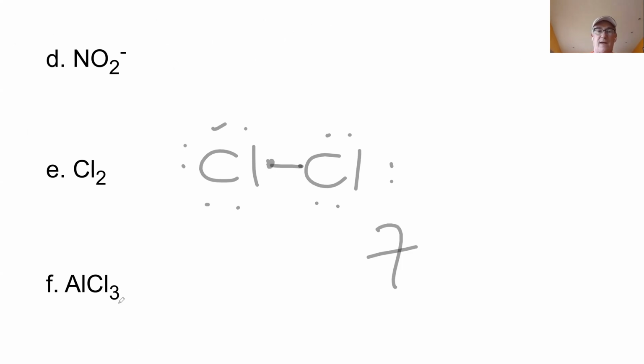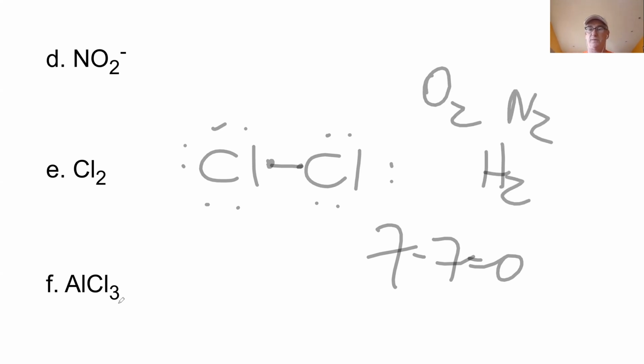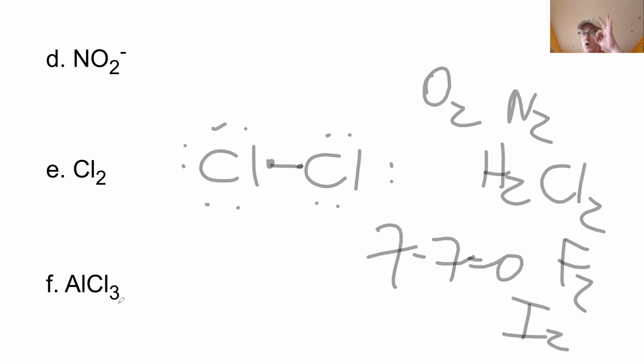And that's what you'll find, is that the oxidation number of an element in its most stable form will be 0. So O2, N2, H2, Cl2, F2, I2, they're all 0 until you react them with another element, and then they change.